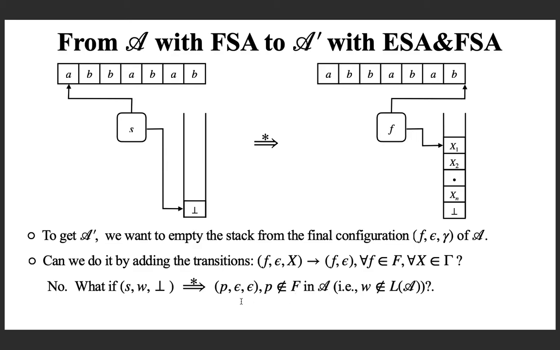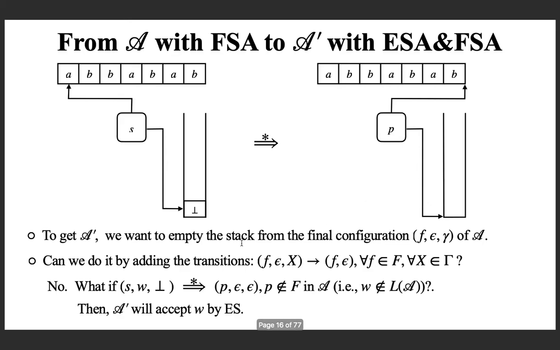So from the initial configuration for W, if you fire all these transitions, what will happen? You will end up in this configuration, as you are assuming: P is the state, nothing is there to be processed from the input, and the stack content is empty. Note that now A prime will accept by empty stack, because this is what we did to obtain A prime.